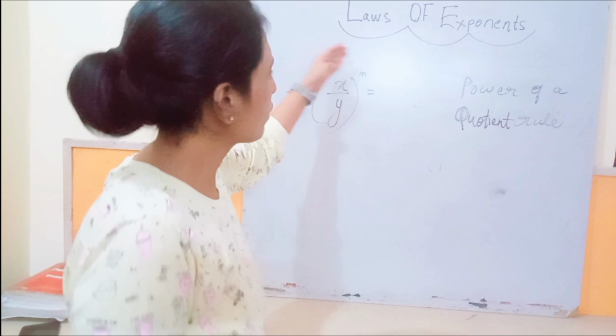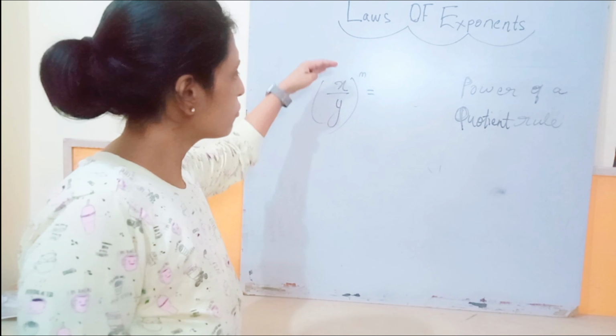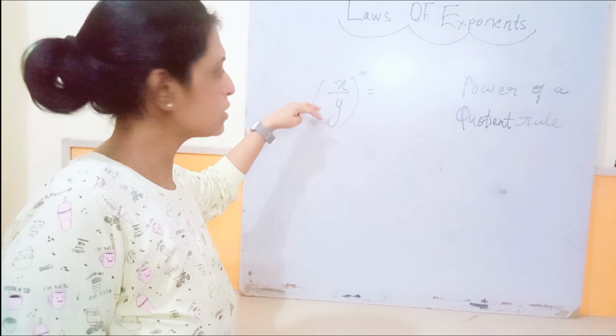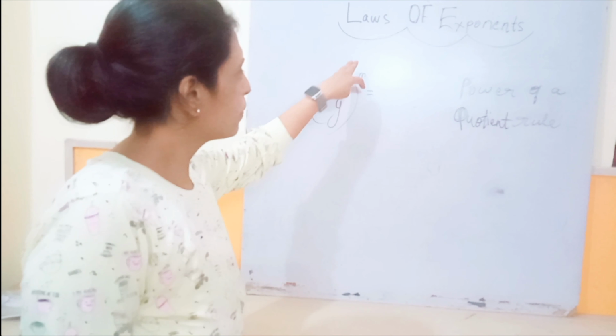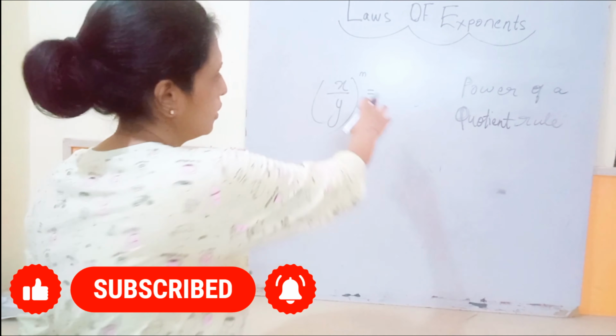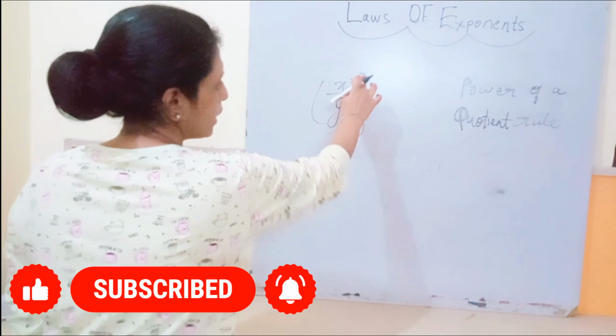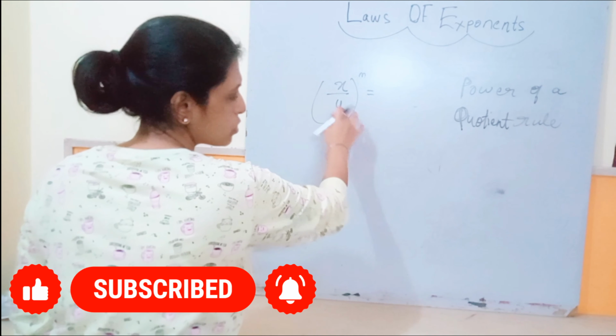Okay, now the next law of exponent is the power of a quotient rule. According to this, if we have two different bases and these bases are divided but they are having the same power, okay, here the same power is m. It means the m belongs to x also and m belongs to y also.